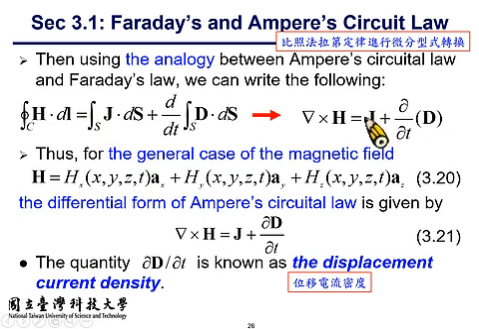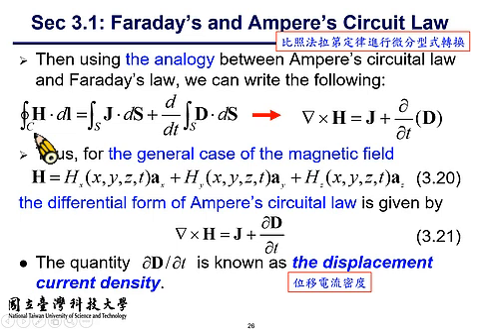To the left of the equation is the closed loop integral of H, so it's written as the curl of H at a specific point. And to the right are the surface integral of the electrical current density and the time derivative of displacement flux.